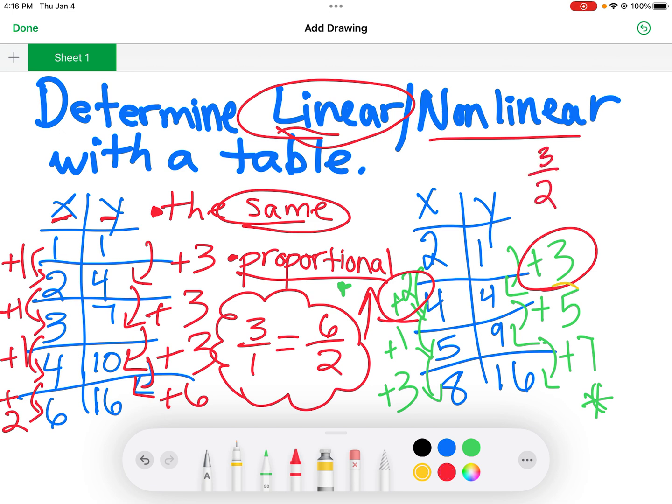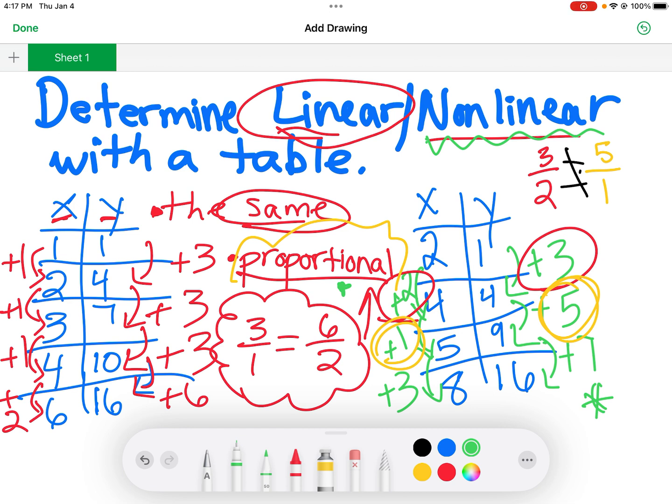The next change that I have is plus 5 over 1. So 5 over 1. Are those proportional? Would they simplify to the same thing? And the answer is they would not. So this second table would be non-linear.